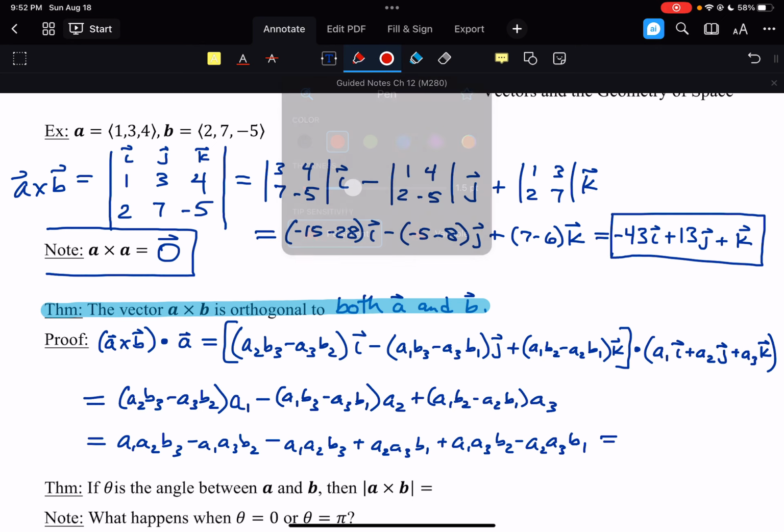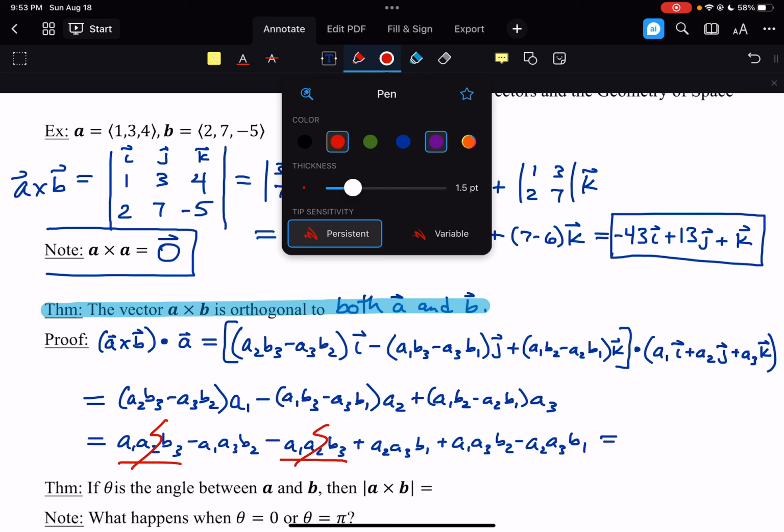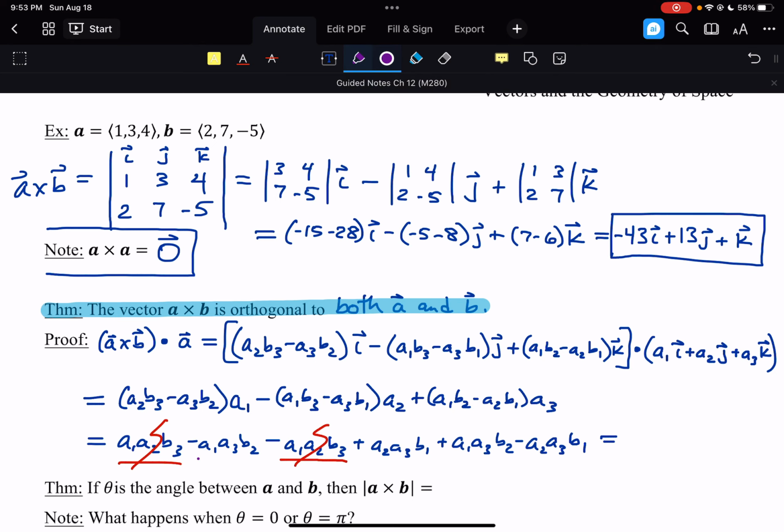So if we take a look at what exactly we have here, a1, a2, b3 minus a1, a2, b3. So those are gone. Negative a1, a3, b2, positive a1, a3, b2. So those are gone.